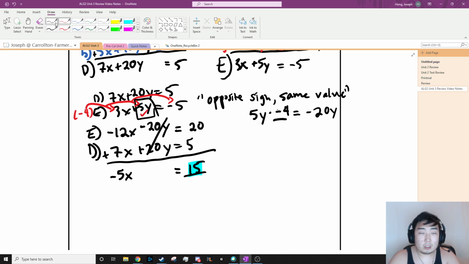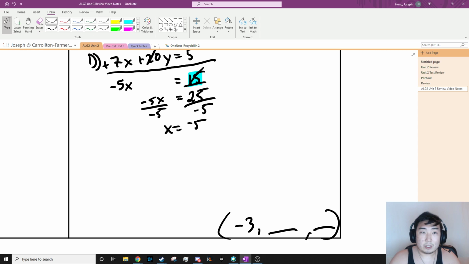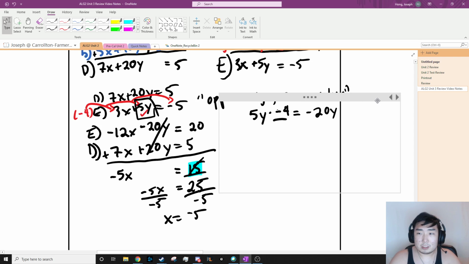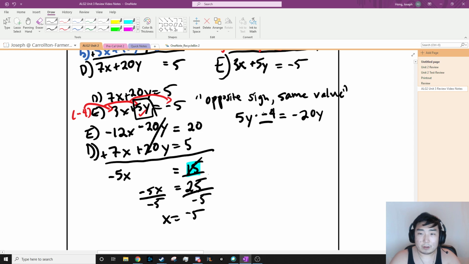This really should be 20 plus 5 is 25, is equal to negative 5x. So when I divide negative 5 on both sides, x is equal to negative 5. So this right here is also incorrect. No wonder I sniffed something incorrect.